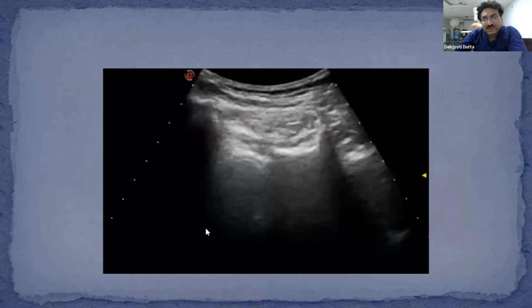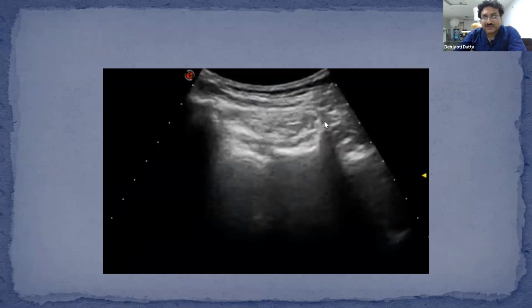So this is what will be shown under the ultrasound. I'm not going into detail because I'll be showing this part in the patient. So this is the spine. Then this is the S2 foramina. You can see the ultrasound waves going down. Then again the bony part of the sacrum. Then here comes the sacroiliac joint, and this is the iliac bone.